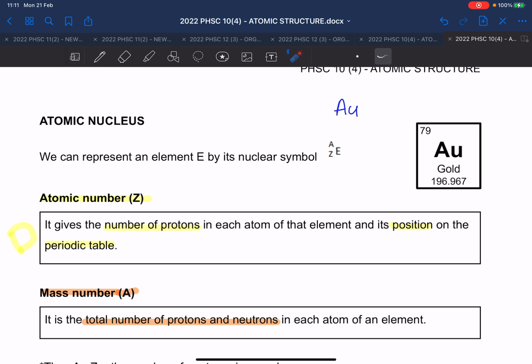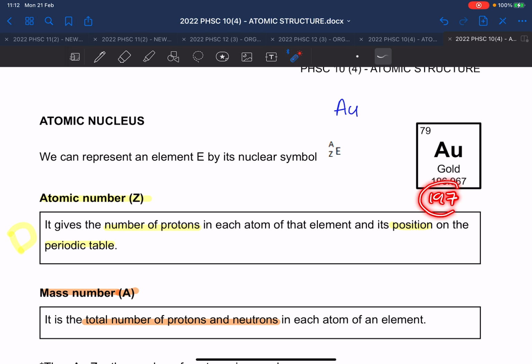Then the number at the top, A, is the mass number. What is the mass of gold? If you look on your periodic table, it will be 197 because it's rounded up.